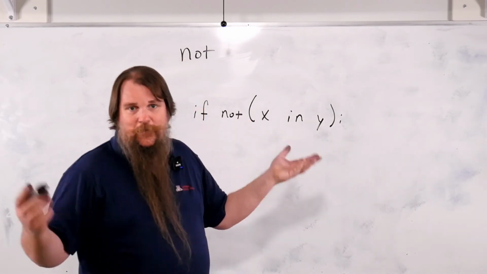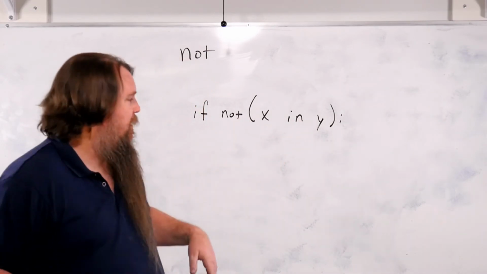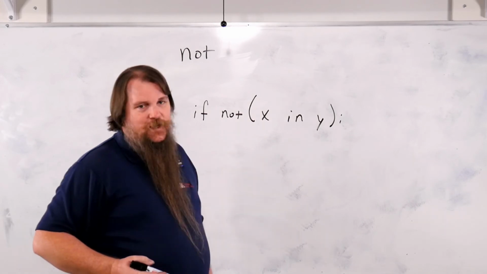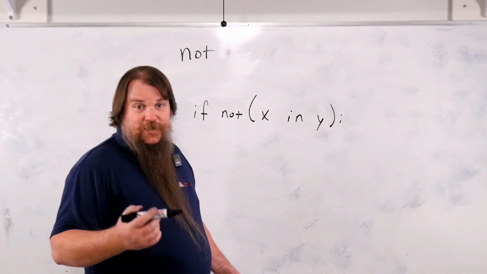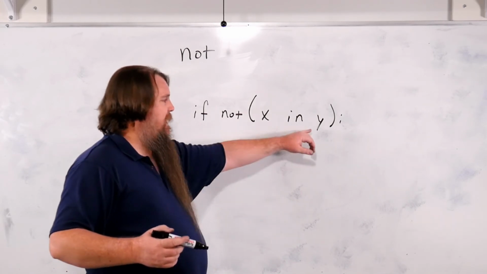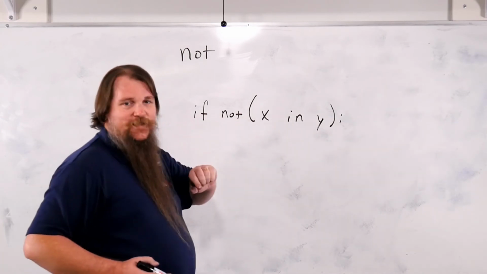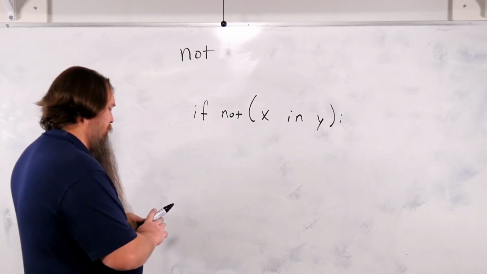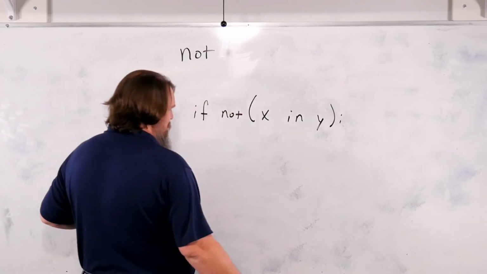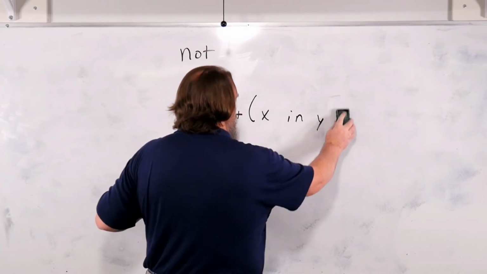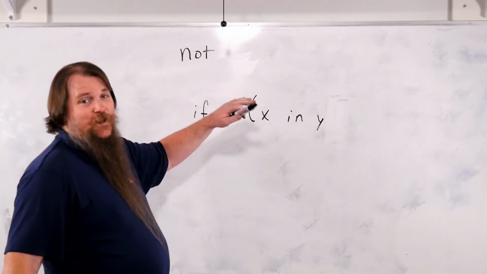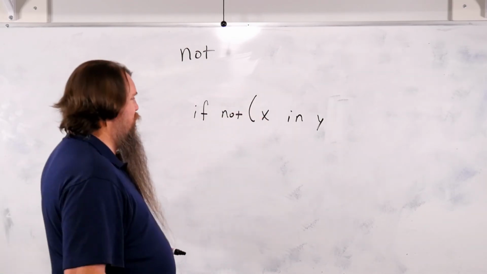I'm not telling you. Maybe it's an array, maybe it's a string, maybe it's a dictionary, whatever. We're going to run the in operator and we're looking for X. And we can say, if that's not true, then our if statement is true.